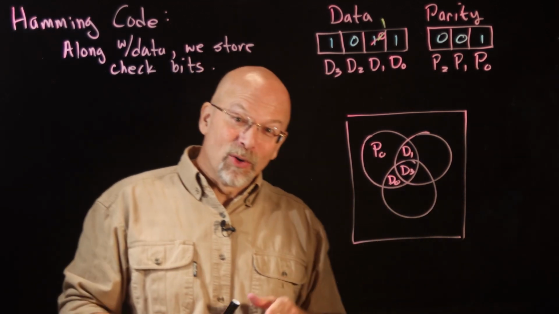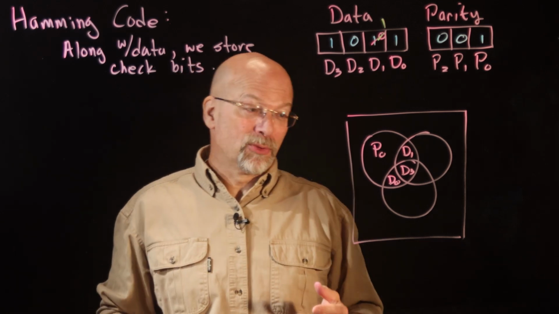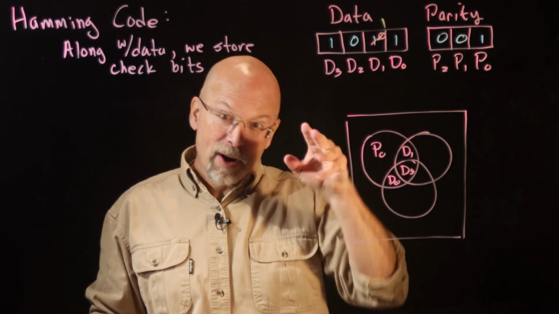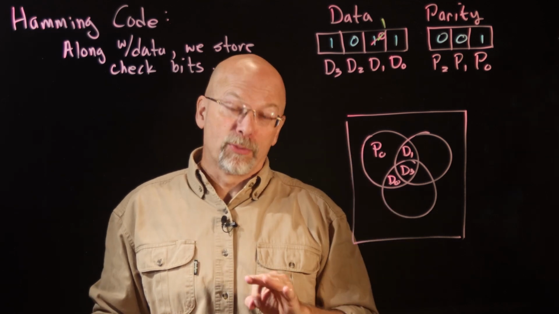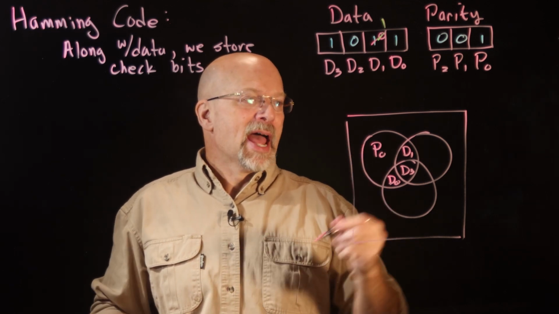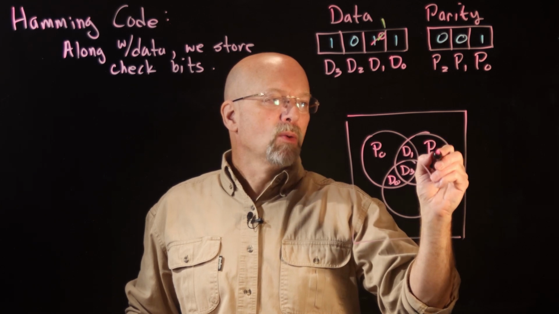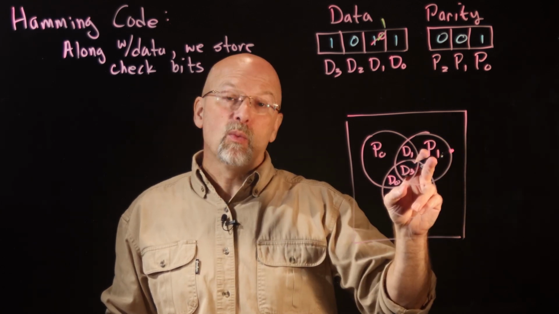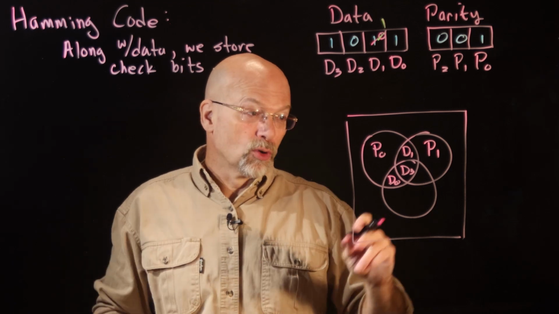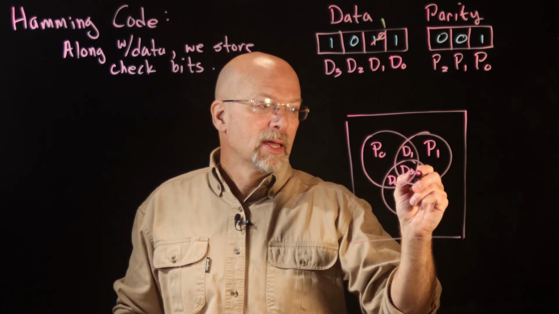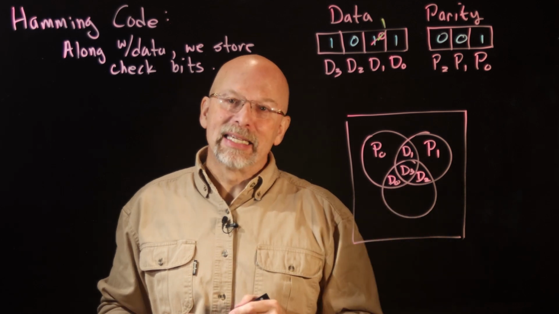Now, you may wonder why I selected D3 to go in the middle. If you remember from our expressions, D3 was the only one that was in all 3 groups. Now, in this group right here, P1, if you remember its expression, in its group it had D1, D2, and D3.